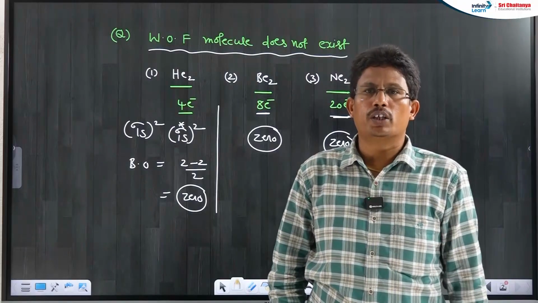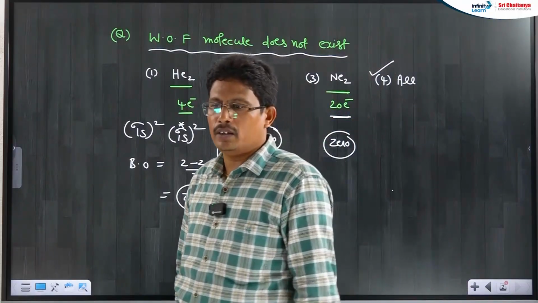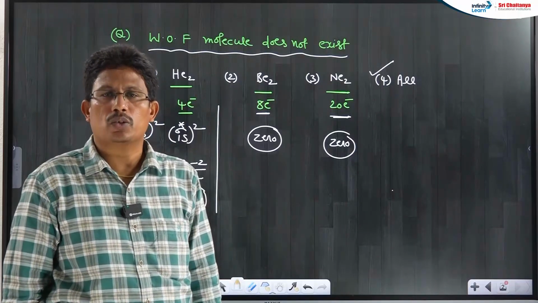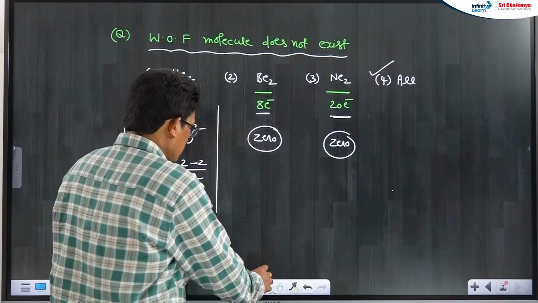Isoelectronic species means having the same number of electrons, and their bond order is also the same.